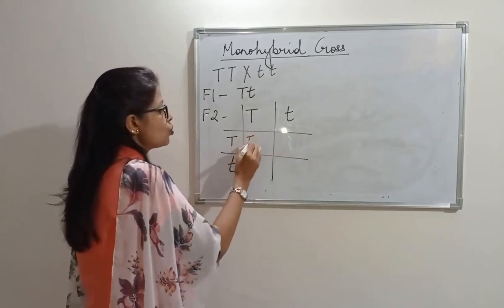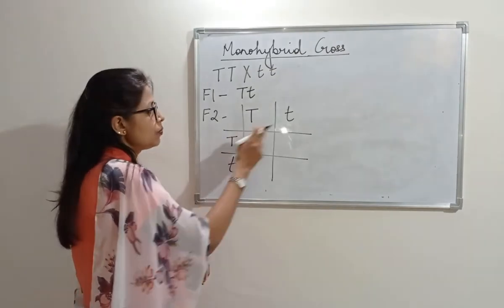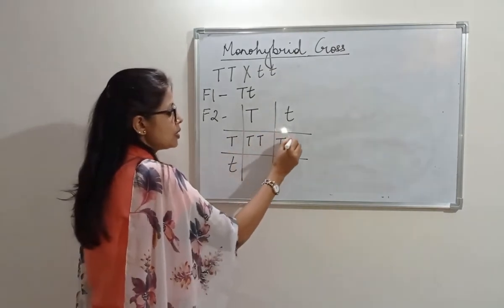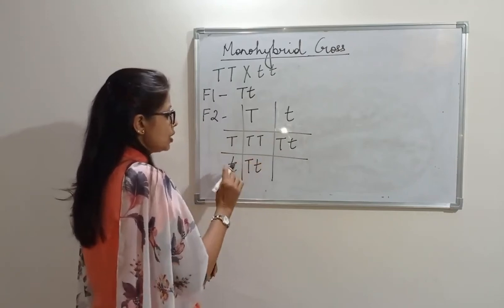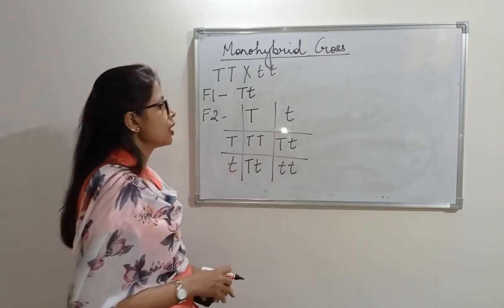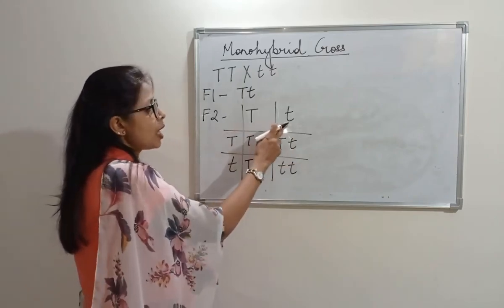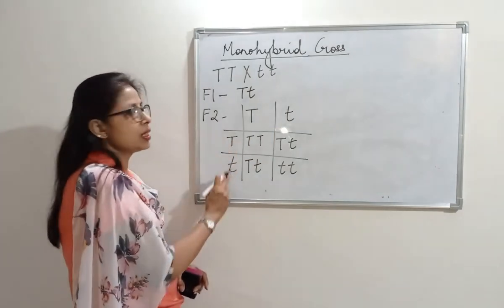And what do we get? We cross capital T with T, capital T with small t, capital T with small t, and finally small t with small t. How did I get capital T, small t and capital T, small t?